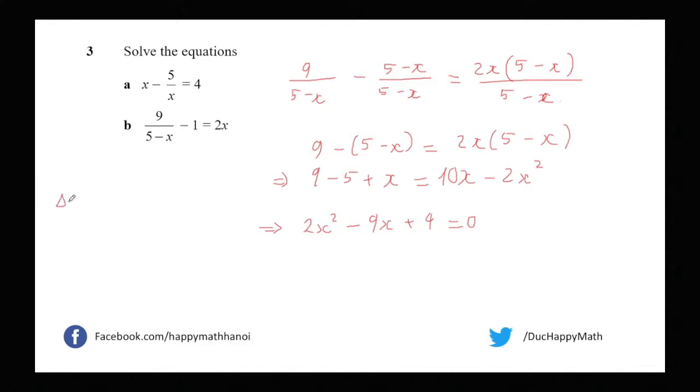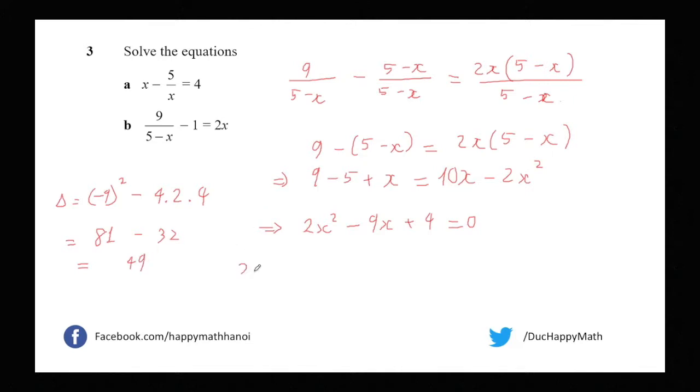So the delta will be equal to b squared minus 4ac. So 81 minus 32, and then you will get 49.